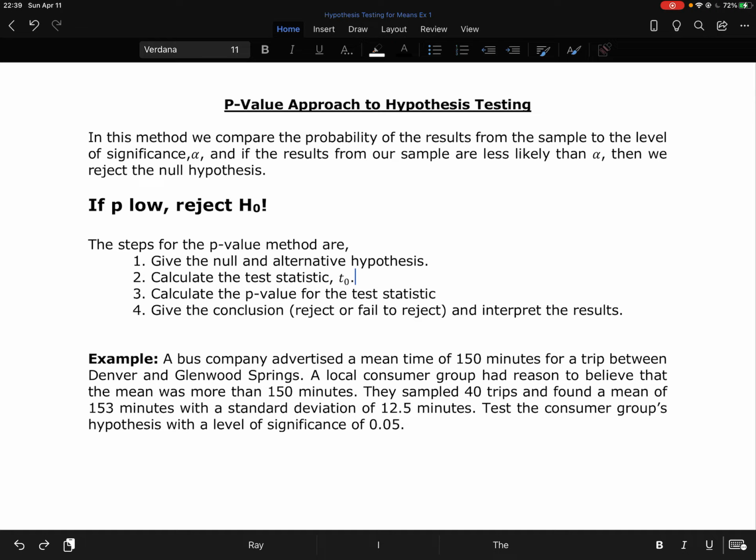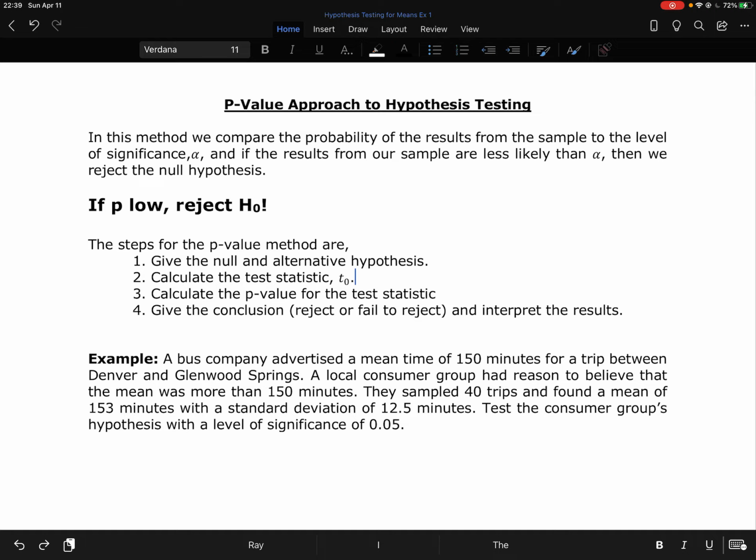The steps that I would like you to follow as you go through these are: first, write out your null and alternative hypotheses. Then calculate the test statistic, which is T naught, or T0, and then calculate the p-value for the test statistic. Steps 2 and 3 I will show you how to do by hand, and then I will also show you how to do them using the spreadsheet in Excel.